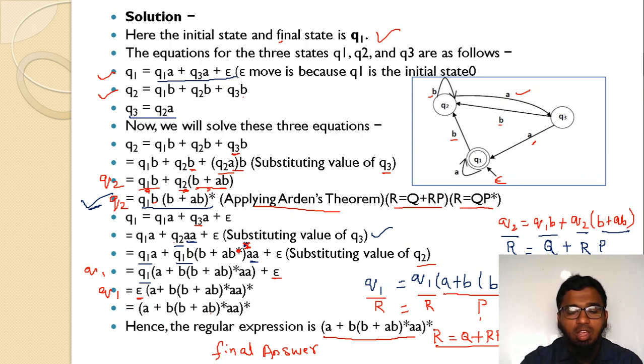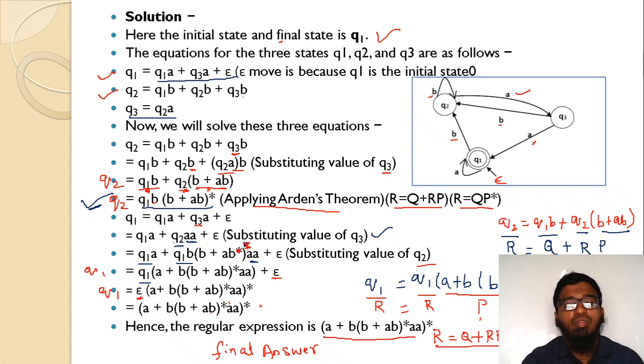If the equation is in this format, we give the answer R is equal to QP star. Here Q is epsilon and P closure, this whole is P and the closure.